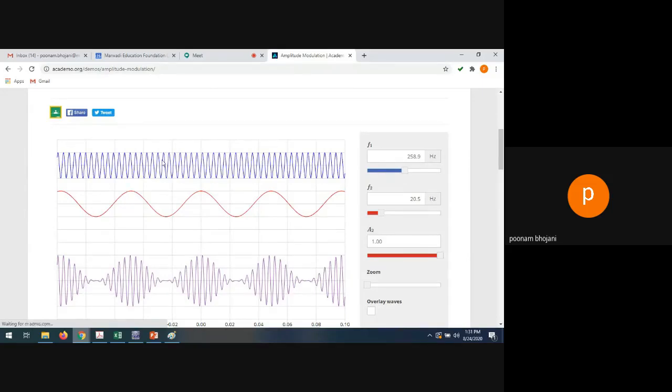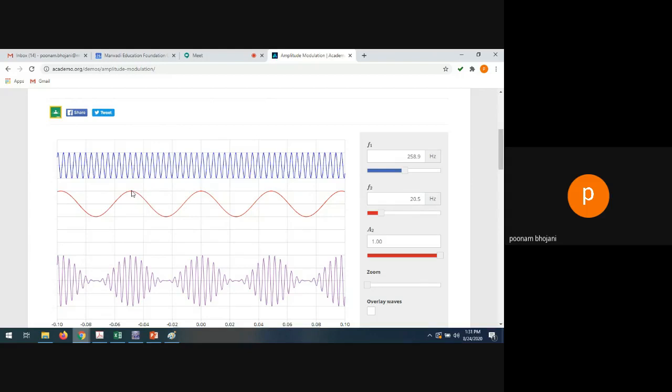If you do the amplitude modulation, it means the carrier signal amplitude will be changed according to the message signal value. If you see here, from 0 to the maximum peak, the signal value is continuously increasing. And here also, the signal amplitude will be continuously increasing up to this maximum peak.